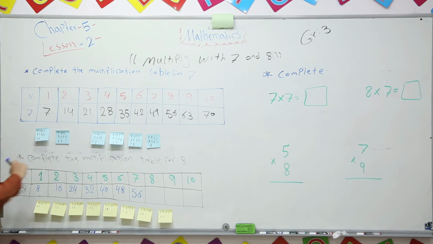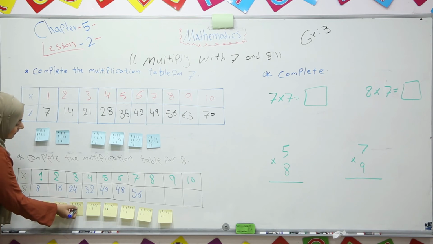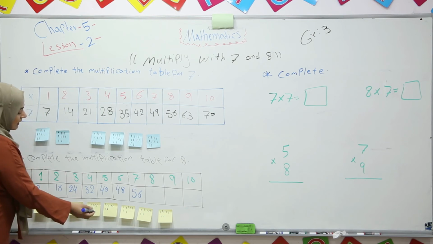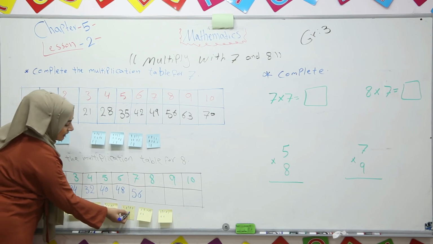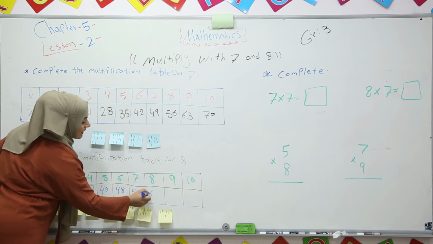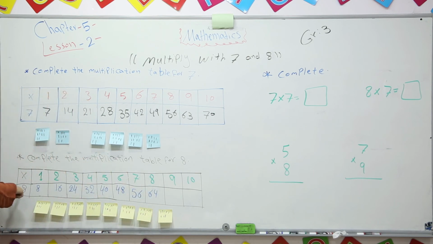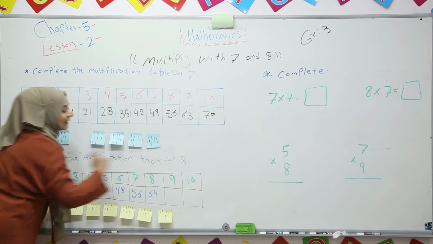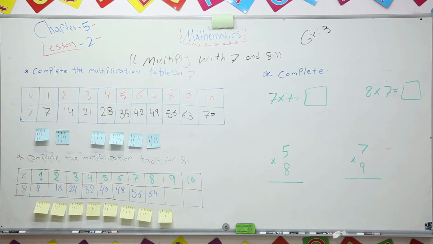8 times by 8. We have 8 groups. Each group contains 8 objects. 56, 57, 58, 59, 60, 61, 62, 63, 64. So it is 64. 8 times by 9.